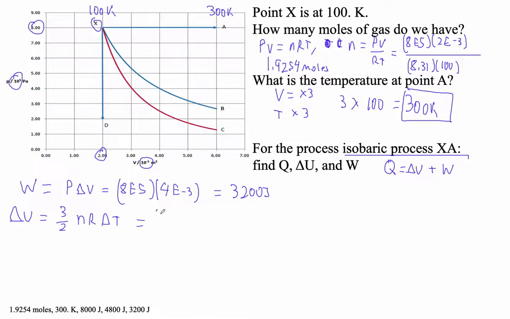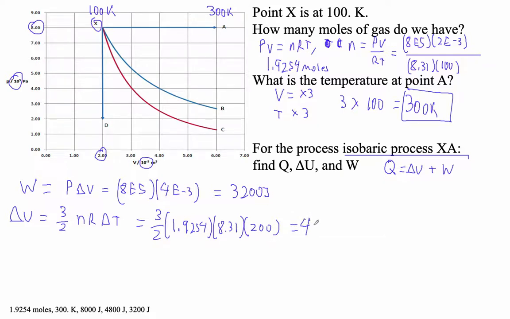Okay, so it's going to be 3/2 times, and I'll use that unrounded value, 1.9254 times 8.31, and our temperature went from 100 to 300, so the change in temperature is 200, right? So 3 divided by 2 times that number of moles that I got, I'm just going to grab all of those digits, times 8.31 times 200 is 4,800.